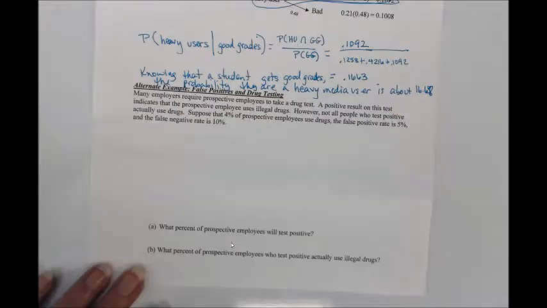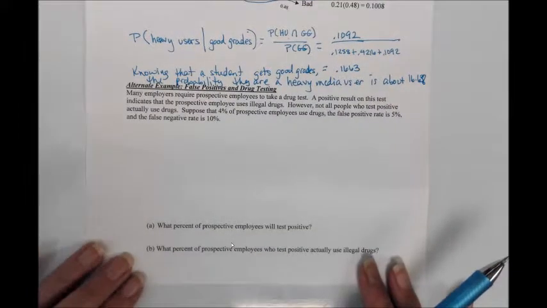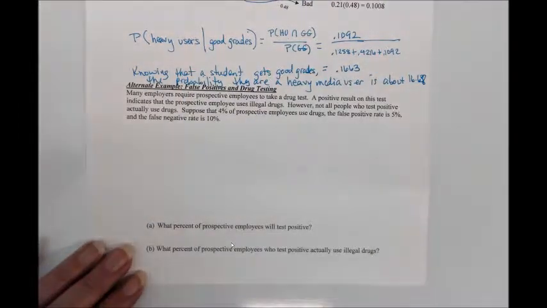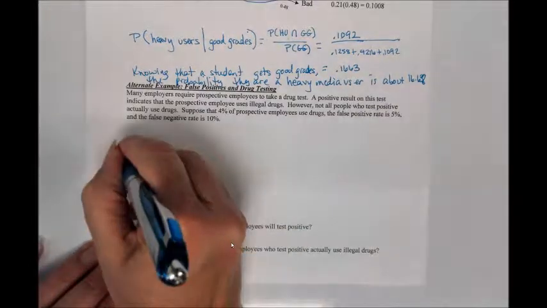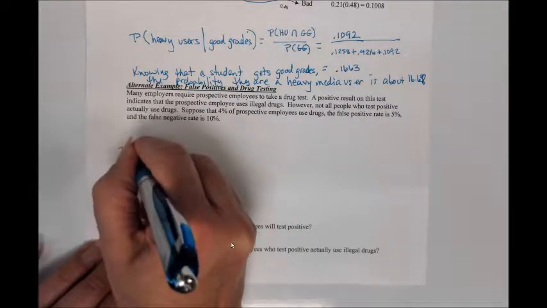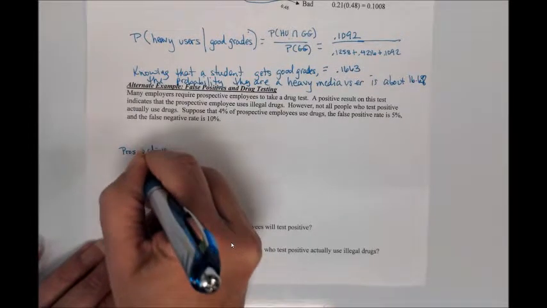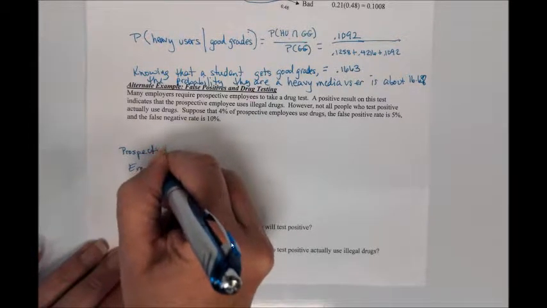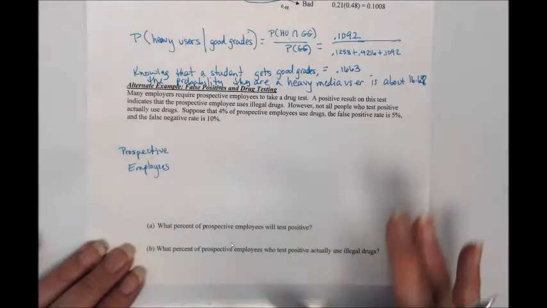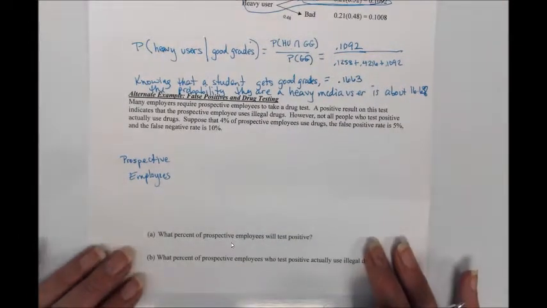So again, this is a case where I would probably go ahead and do the diagram. I'm going to start off with my prospective employees. The last example had 3 branches. This one is just going to have 2.